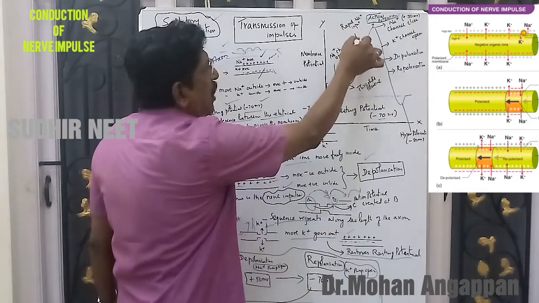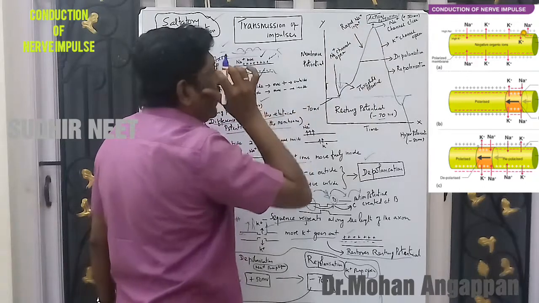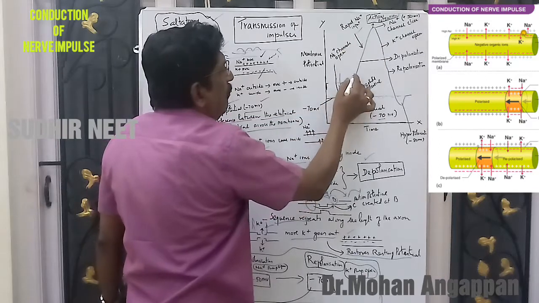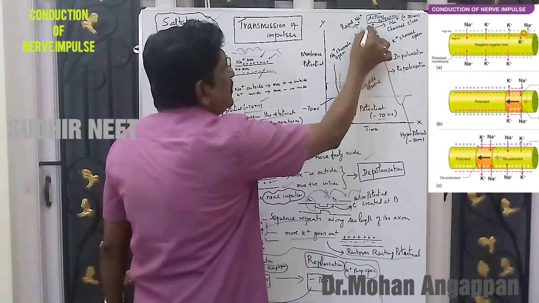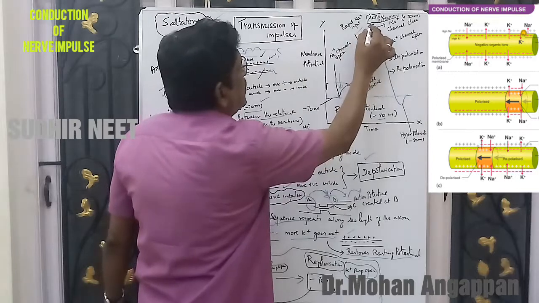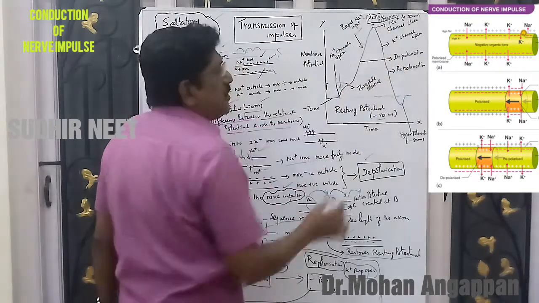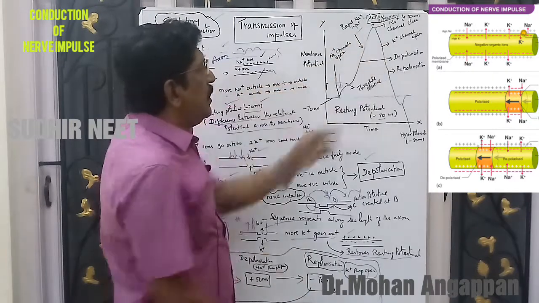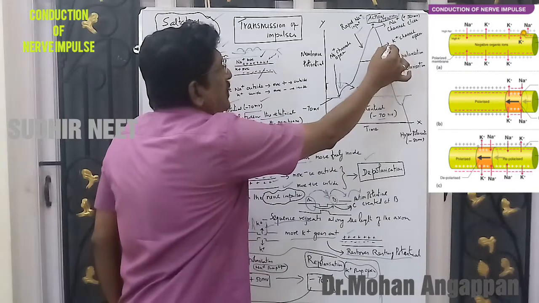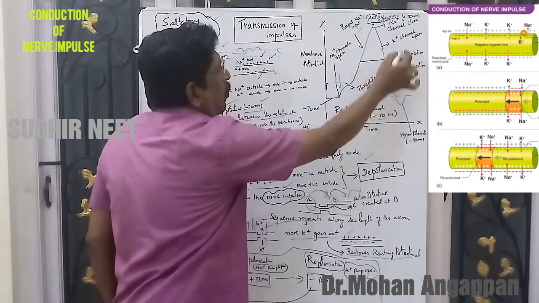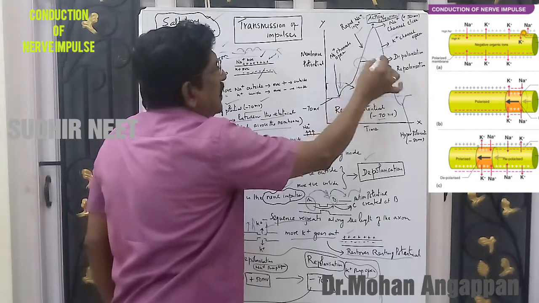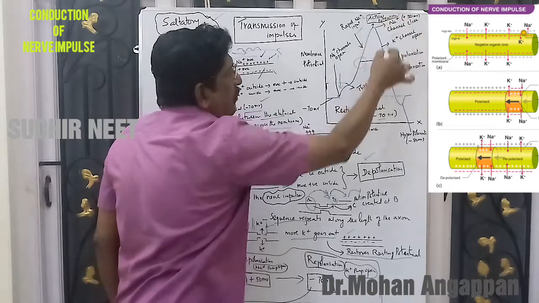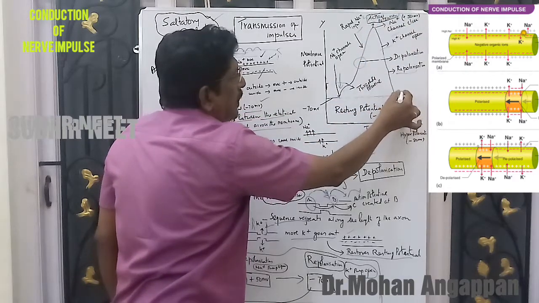More sodium ions come inside the membrane, rapid sodium input, so the potential reaches the maximum of plus 50 millivolt, that is the action potential. Now what happens? Sodium channels close, potassium channels open, and then this depolarized condition becomes repolarized, and the plus 50 millivolt comes down to minus 70.